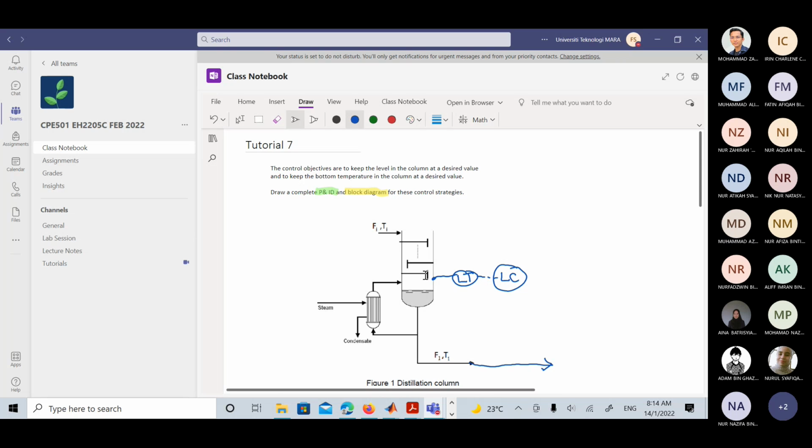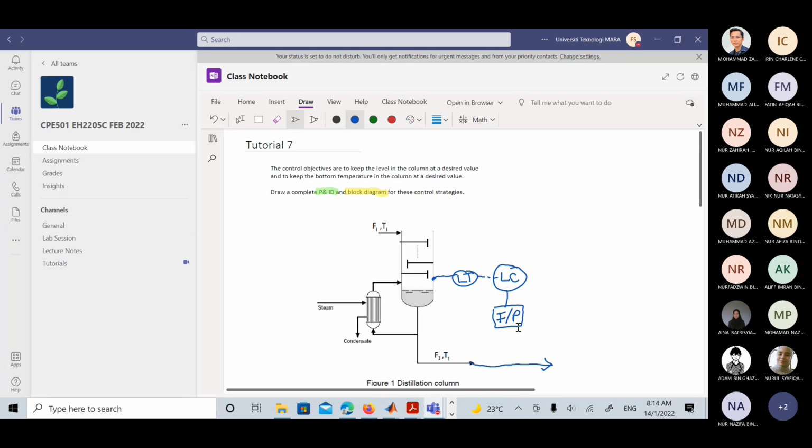Okay, what is the function of the IP? Basically, we convert the signal from the controller, an electric signal, to a pneumatic signal, because the valve only accepts pneumatic signals. So we need a transducer to convert the electrical signal received from the controller to the pneumatic signal.